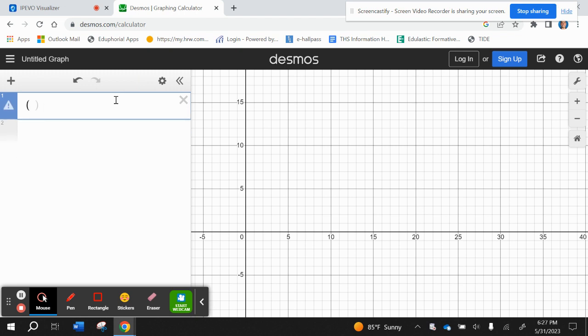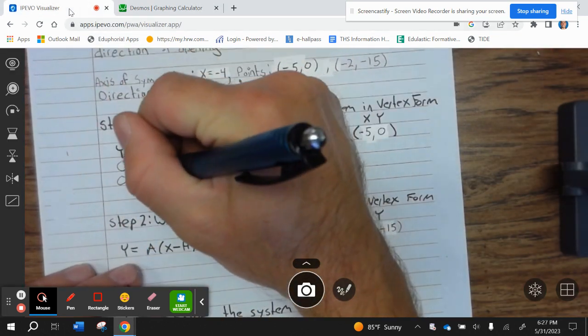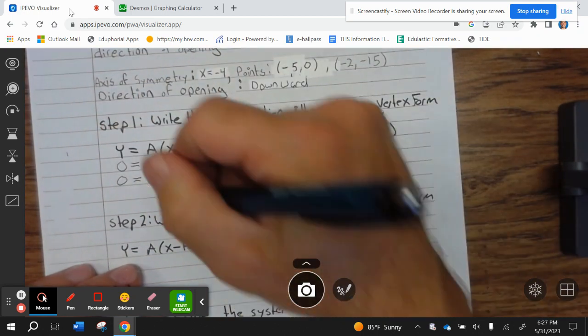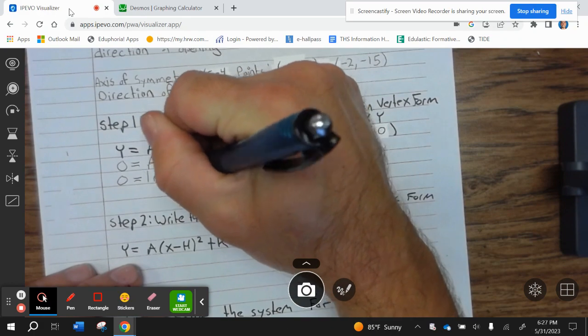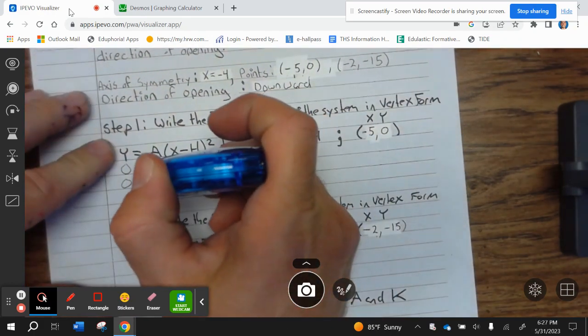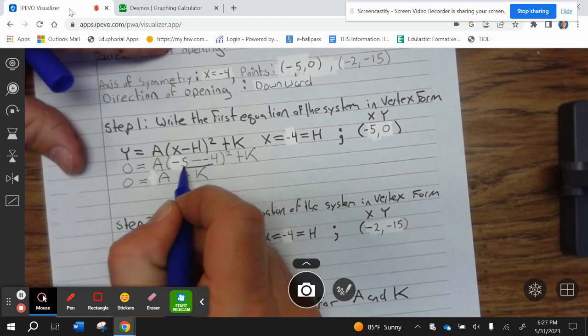Parentheses, -5 minus -4 squared is 1. So that's 0 equals, technically 1a plus k. But really, you don't need to put the 1. You can, but I would just leave it as 0 equals a plus k. There's our first equation.